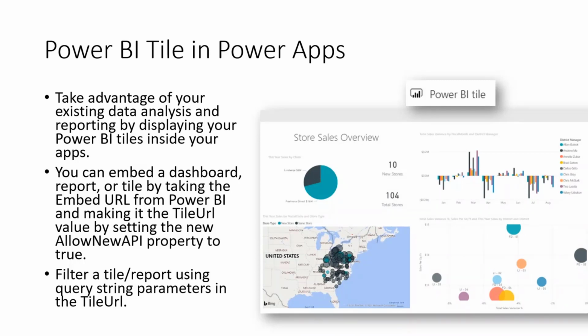And there is a new property related to this specific tile. It's called Allow New API, which exposes some of these new capabilities because it plugs into the new APIs around Power BI. So these are the two ways Power Apps and Power BI can talk to each other.